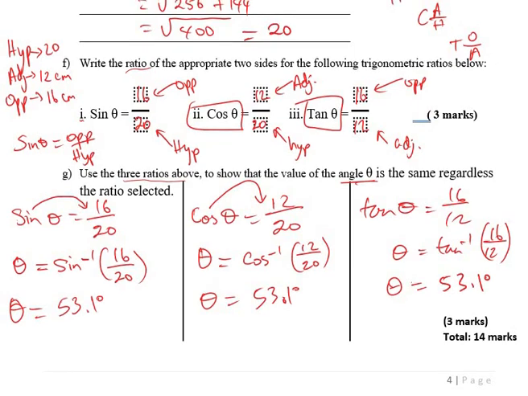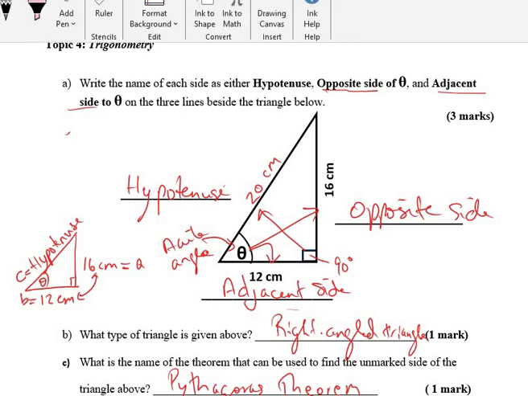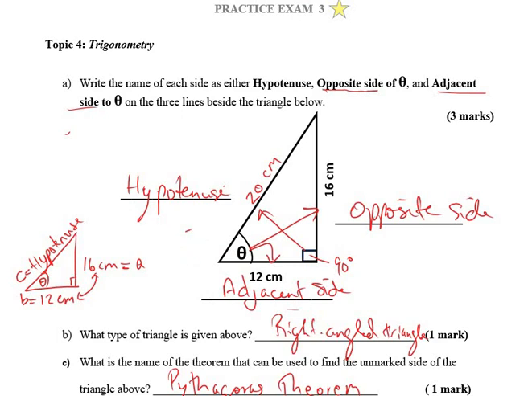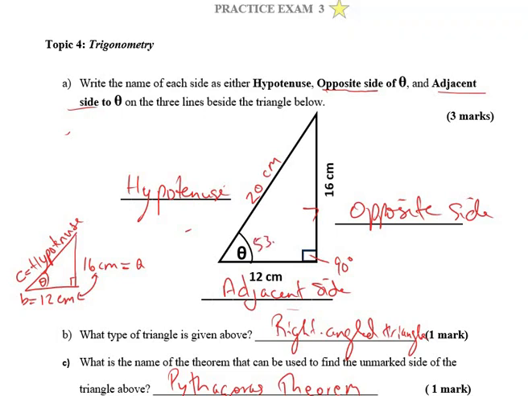So if we go back to this acute angle here, it is actually 53.1 degrees to one decimal place. If we're asked to find this other angle, the two acute angles add up to 90, so it'll be 90 minus 53.1 degrees.